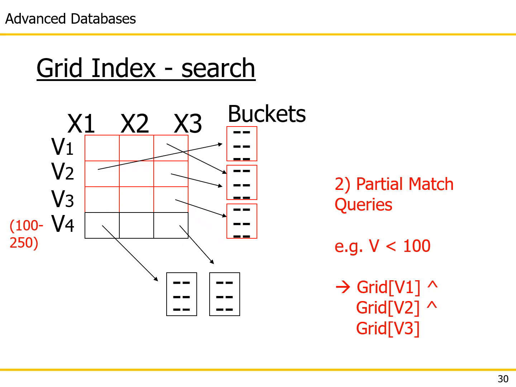All the arrows that are coming out from the first 3 rows will be pointing to pages, or buckets, that I need to read, because these contain addresses of rows that I need to also consider. They are basically part of my result set. All of them are actually my result set.